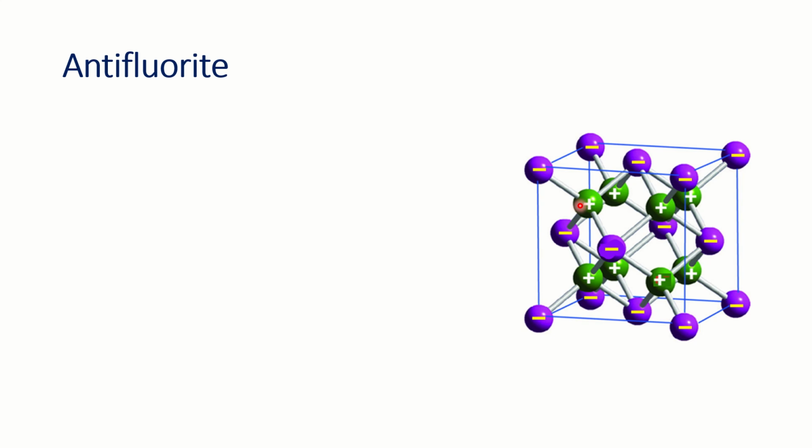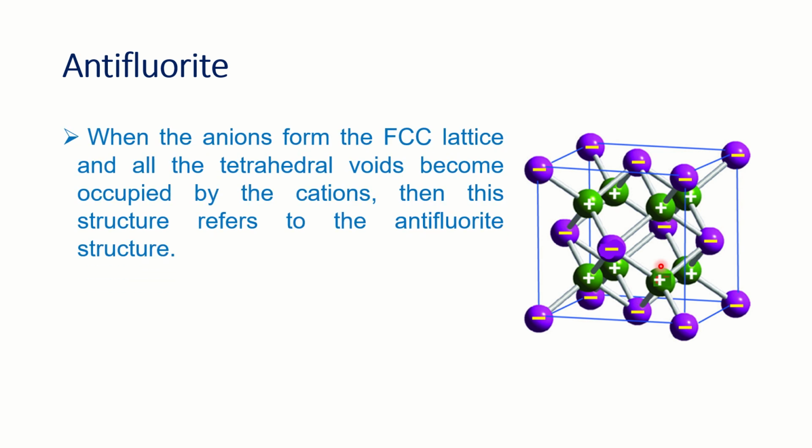That means the stoichiometry was MA2. Now the stoichiometry should be M2A, the reversed stoichiometry. That means the number of cations were 4 and anions were 8. So it was 1:2, that is MA2. But now the picture has been reversed. That is the number of anions are 4 and number of cations are 8. So it is M2A.